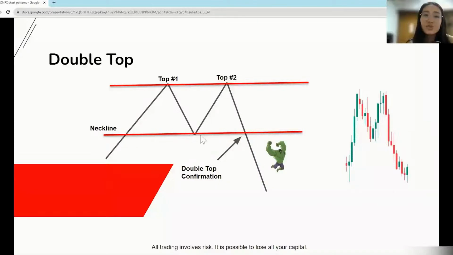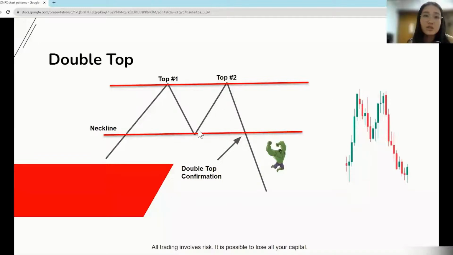And then the neckline is where we measure that support level from the bottom of that valley. The line running through the tops is the resistance line, which should be nearly horizontal, and the pattern forms an M shape and is considered a bearish reversal chart pattern. The pullback between the two highs should be moderate.